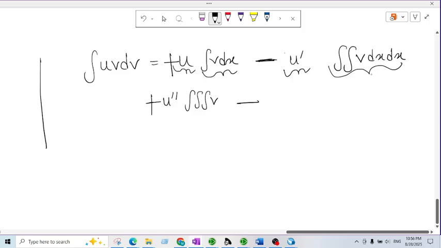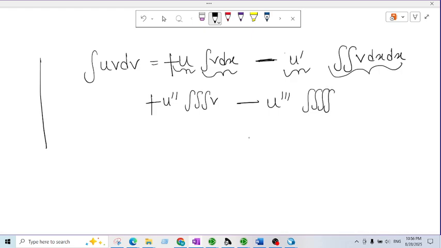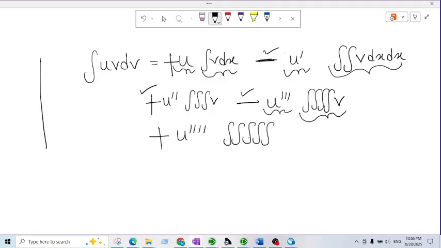Now write minus here, again differentiate u and again integrate v. Now plus, minus, plus, minus, and now write plus here, again differentiate u, and again integrate v.